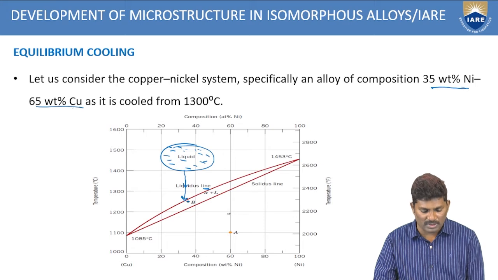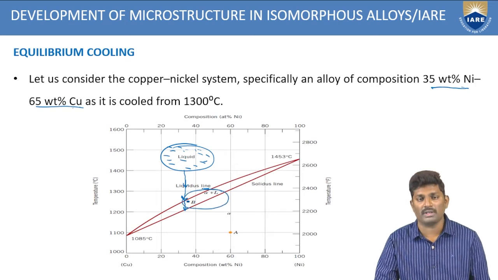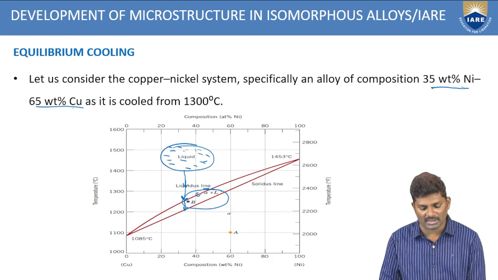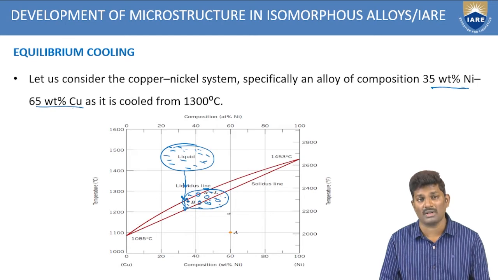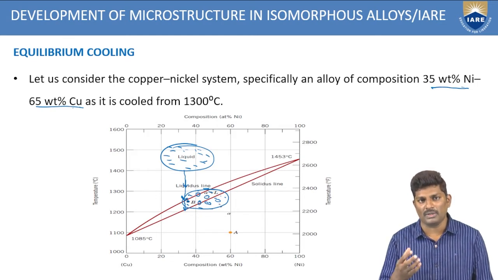If you still reduce the temperature, at the point B you have both liquid and solid particles. For this you again have a different microstructure. It is a combination of some liquid and some solid particles. These solid particles are nothing but the nuclei of nickel and copper.